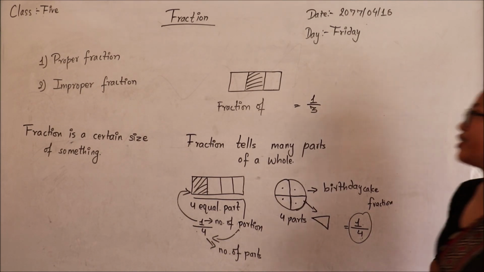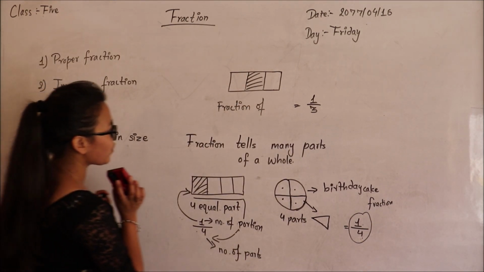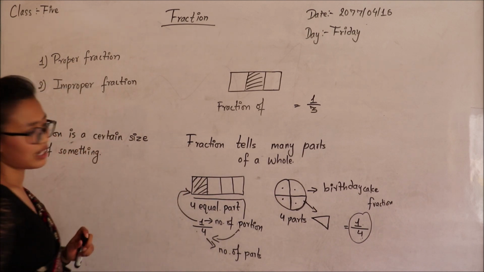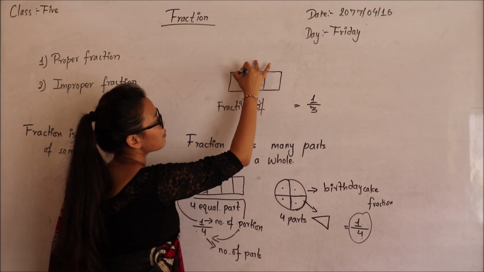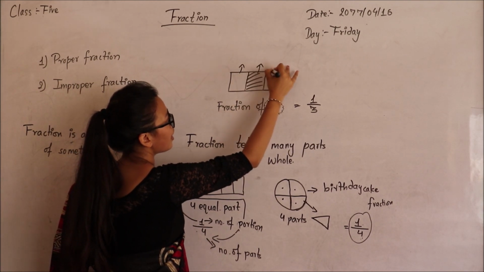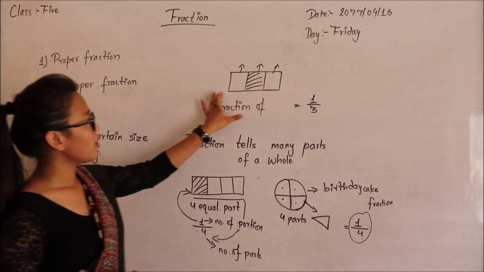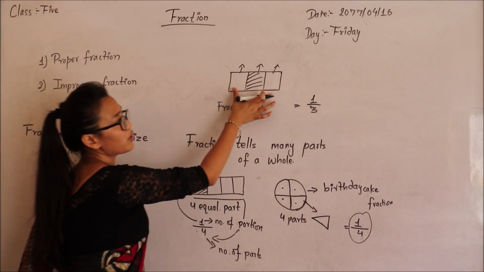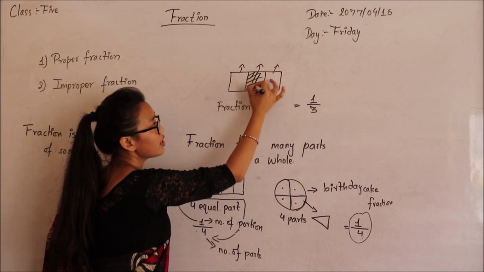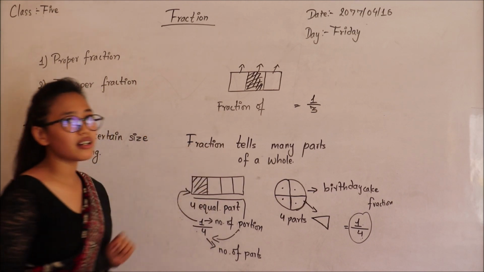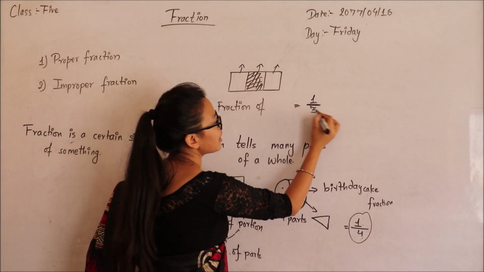Okay, now let me tell one feature along with this. Again here are 3 equal parts, this one, and this one, and in these 3 equal parts I have just shaded this portion. Now what would be the fraction? Fraction would be 1 by 3.